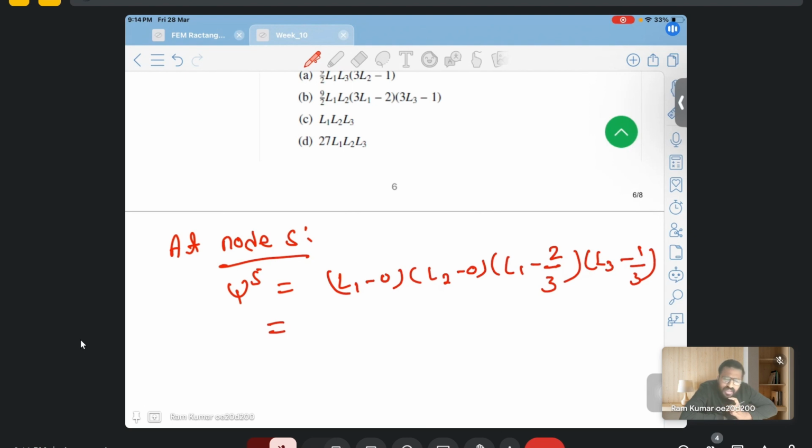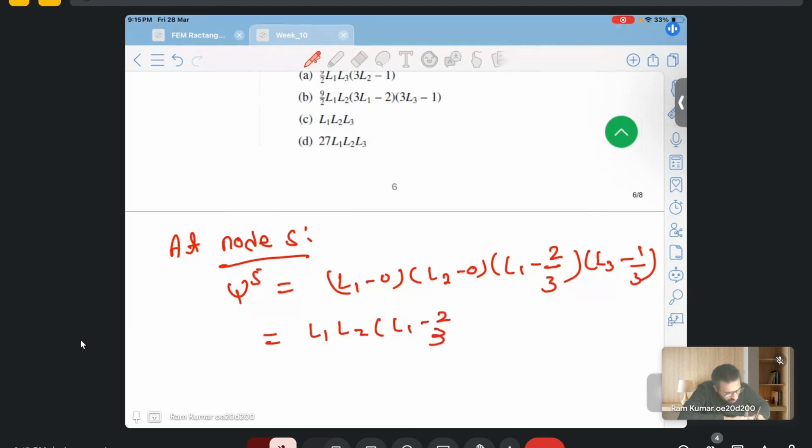Do we have to write the division? I'm thinking, in this case we are writing that point minus, like x2 minus x naught. We are not writing division here, no? Because we are using the area coordinate function directly. Okay, sir. Got it. So now it will be L1, L2, 3L1 minus 2.